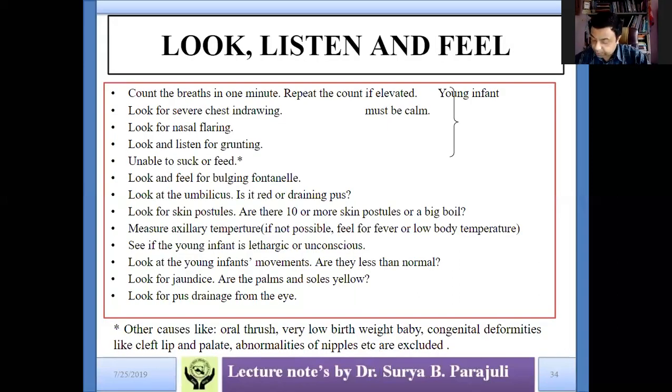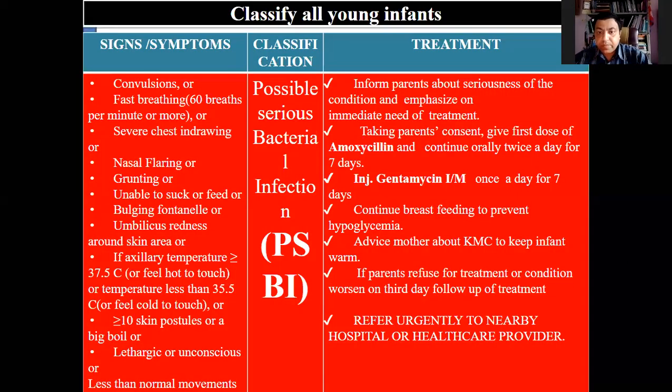Now, based on history taking and your examination, look, listen, feel, we need to categorize disease or disorders as follows. You can classify young infants as PSBI. PSBI means possible serious, not severe, serious bacterial infection. So what are the criteria?